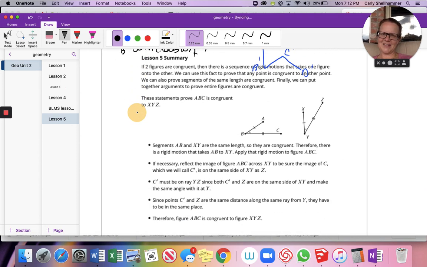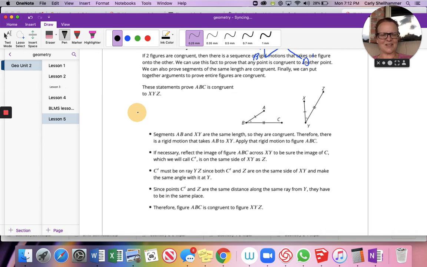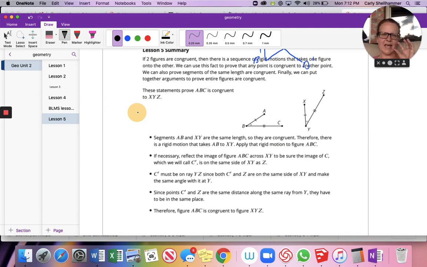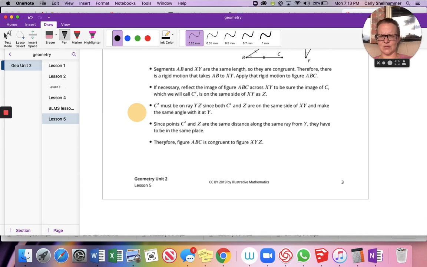All right, and our summary. Go ahead and read through it. You've got a copy of the summary, so it's fantastic. But again, proofs are important. Proofs are just a way to logically think.